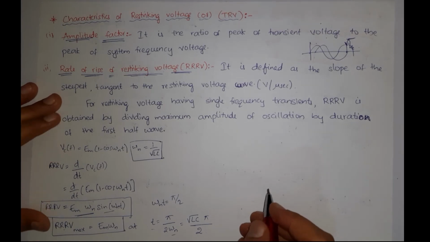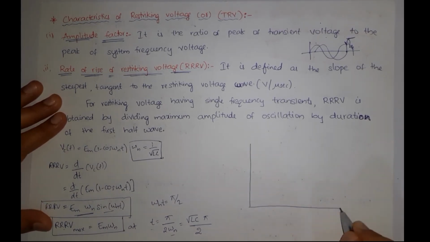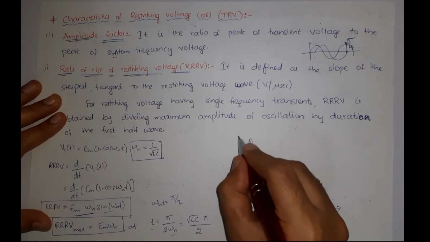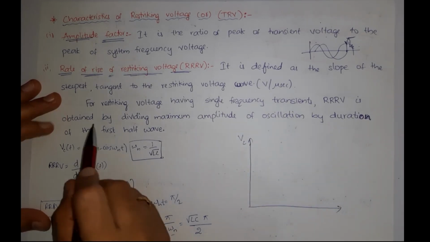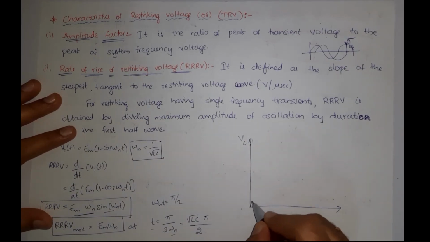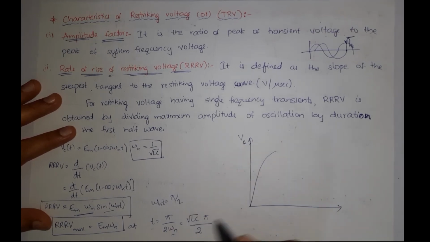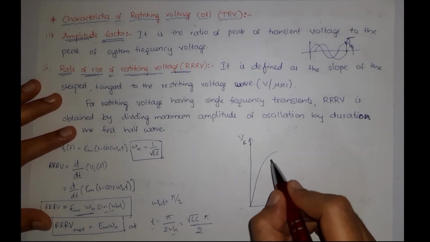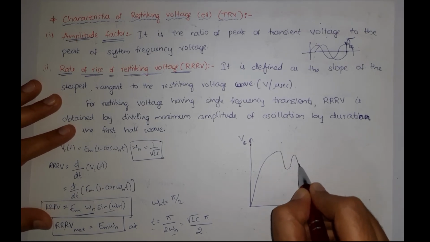So now let us show it graphically. If this is my VC, we have told the maximum amplitude of oscillation. I am only representing VC now, the voltage across the capacitor. That means during the fault condition, what is happening? The transient, right? So these are the transients.